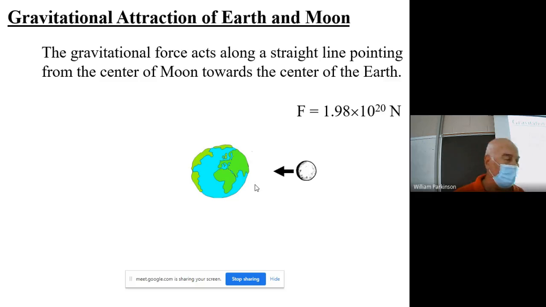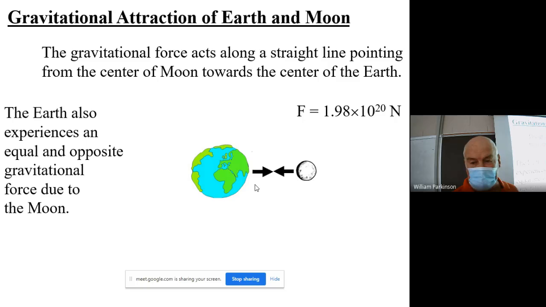You know the mass of the Earth, you know the mass of the Moon, and you know the distance between the Earth and the Moon. You put all those numbers into that formula along with G, and you come up with this rather remarkable, huge number, 1.98 times 10 to the 20 newtons of force that the Earth and Moon exert on one another.